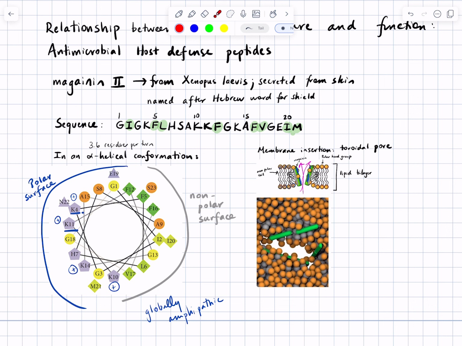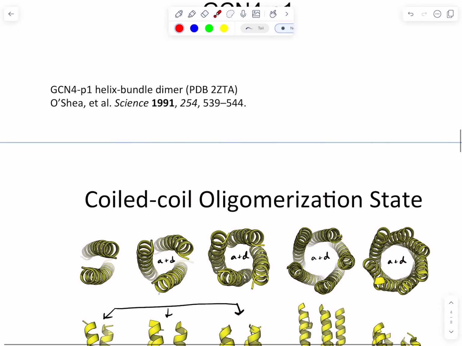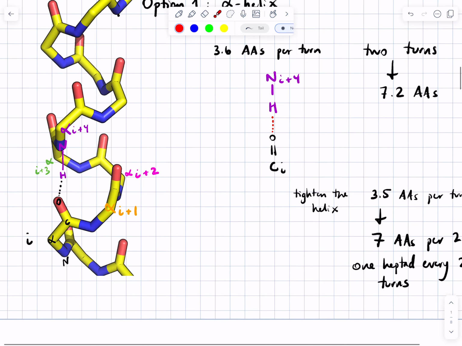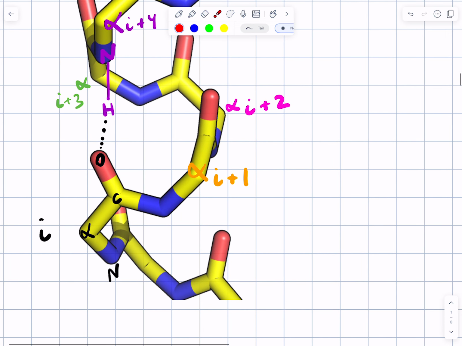The two techniques are nuclear magnetic resonance, which you've learned a little bit about. You can tell, for example, if you can identify this alpha carbon and this alpha carbon, there's an NMR experiment that allows you to tell that they're close to each other, so that can be a clue.